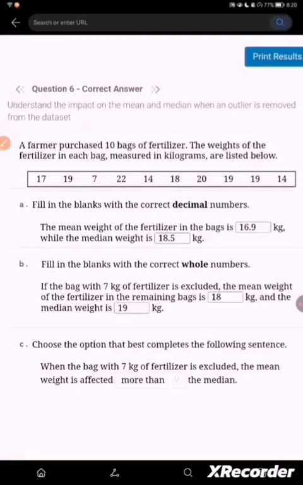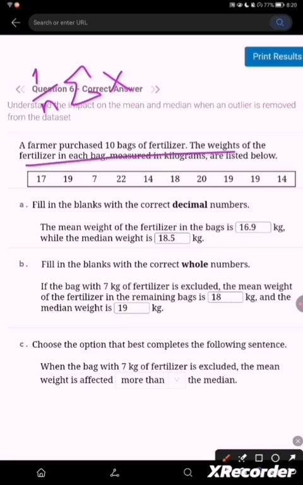Now for question number 6, part A, they're asking for the mean weight. Whenever they ask for mean weight, we use the formula 1 over n summation of x. So simply take all these values, add them together, and divide by 10, because they told you there are 10 bags of fertilizers. If you count these, you're going to find that there are 10 values.